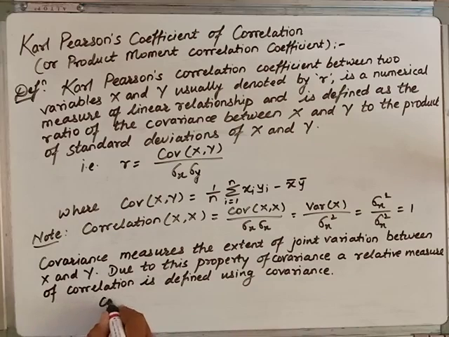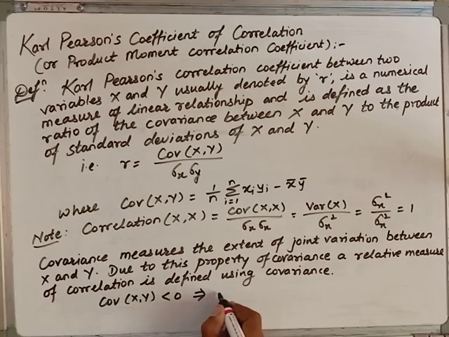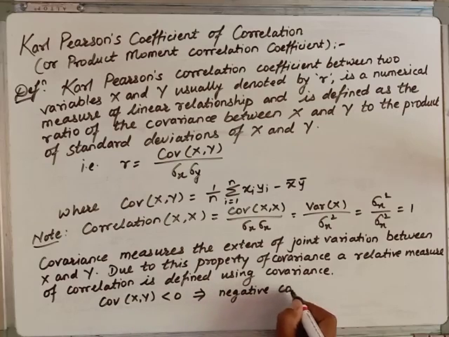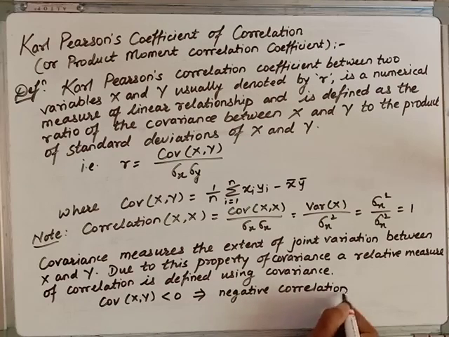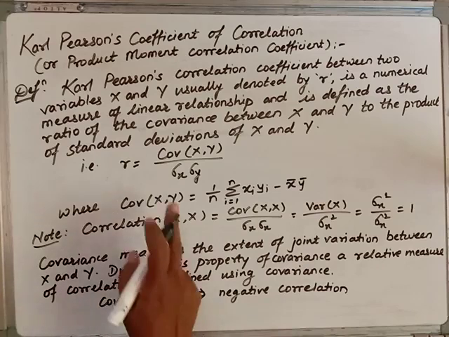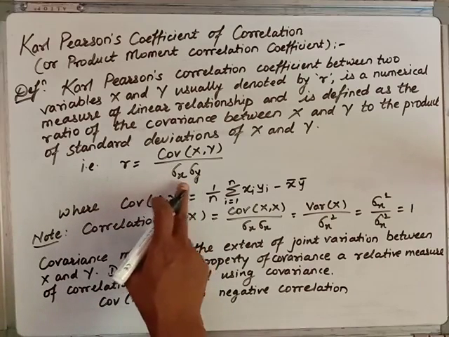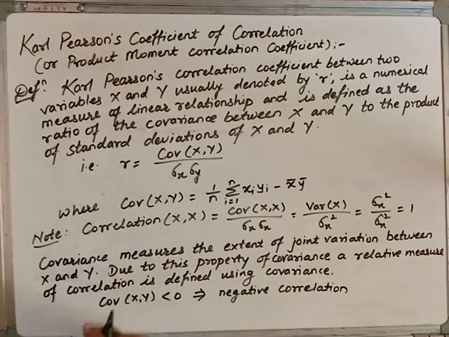Also, if covariance between x and y is negative, it gives negative correlation. Less than 0 means negative, so there will be negative correlation, because the standard deviation, the product of standard deviations of x and y, will be positive.